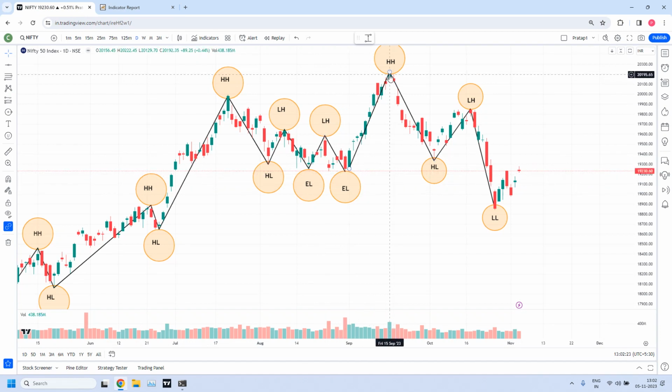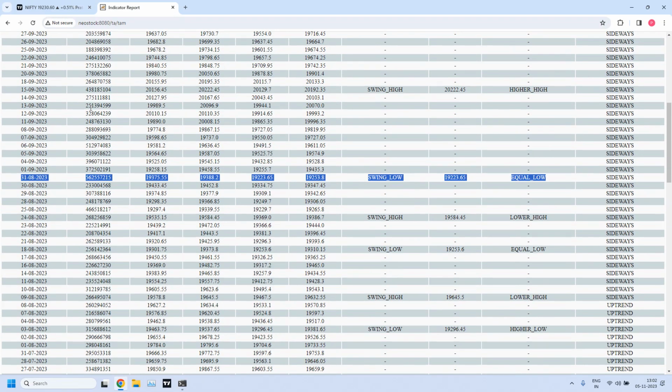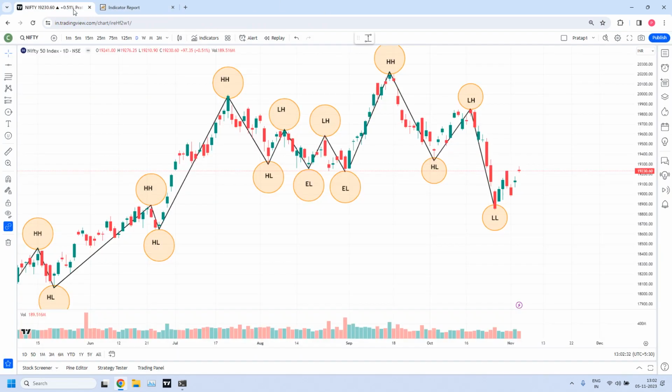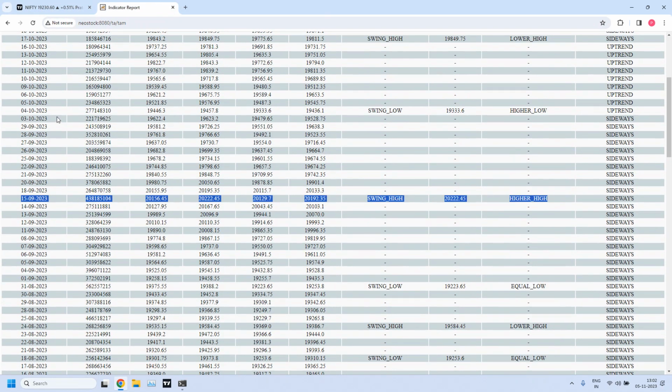And then we have 15th September, higher high. Then 4th October, we have higher low.